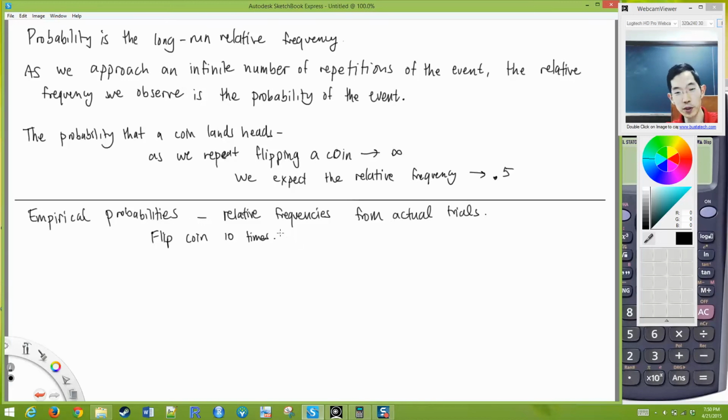So we flip a coin 10 times, it lands heads 4 times. Our empirical probability is equal to 0.4. Now this seems silly, but sometimes empirical probabilities are very useful. On the other hand, we have theoretic probabilities, and let me just talk about both of these.